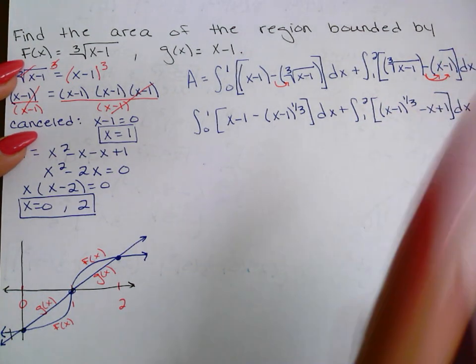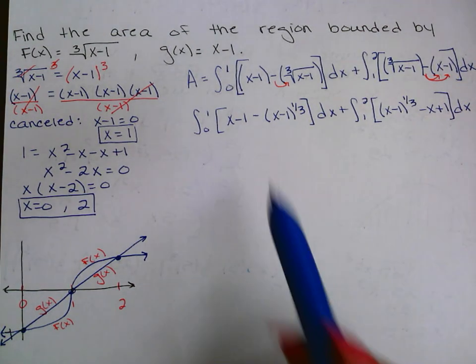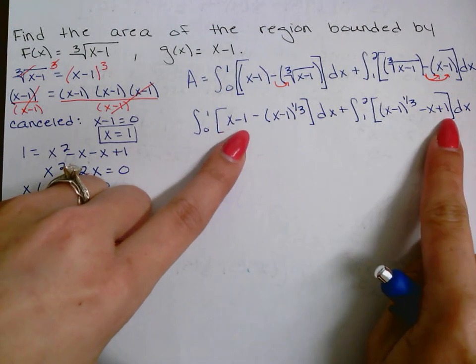And now it just looks a little cleaner. So when I go to do the antiderivative here, the term of x and the term of 1, whether it's positive and negative, is going to be nice and easy.